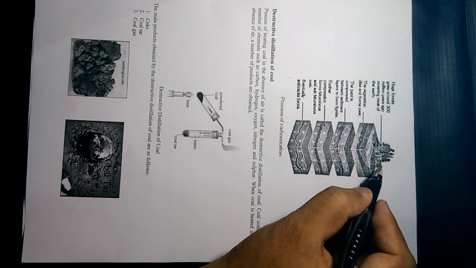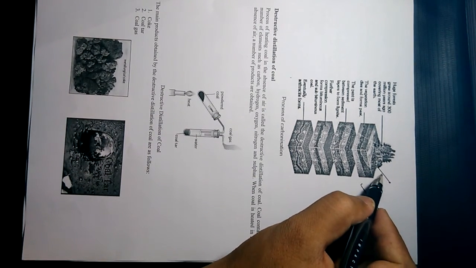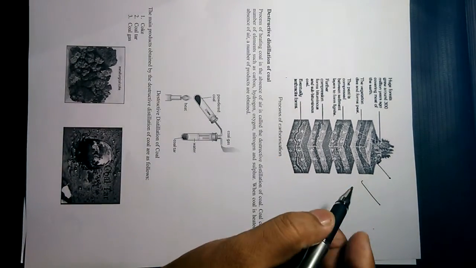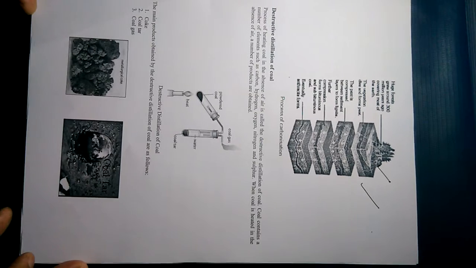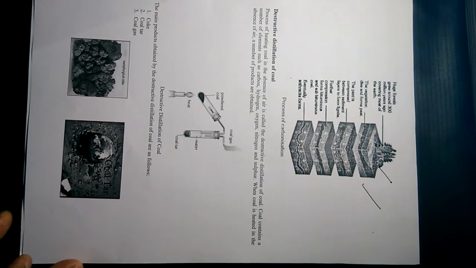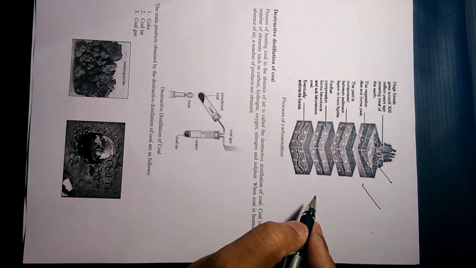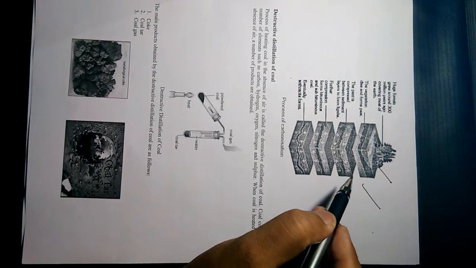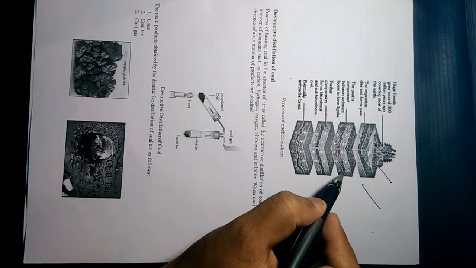Millions of years ago, forests got buried under the Earth's surface due to earthquakes and volcanoes. As they were buried deep in the earth's crust, due to the high temperature and pressure, these buried plants converted into coal.